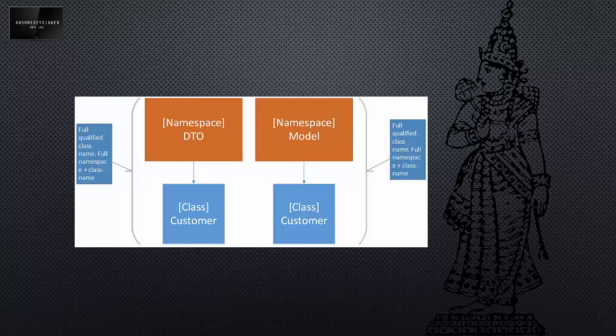Here's a simple example. There's a class Customer, and the class Customer is part of the namespace Model, and it is the one and only class with exactly that name that can exist within the namespace Model, whereas another class called Customer within the namespace DTO can coexist with the previous class in the namespace Model.